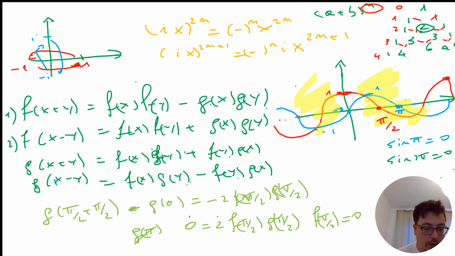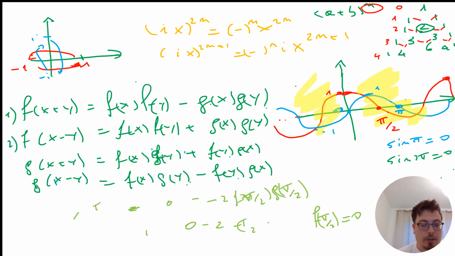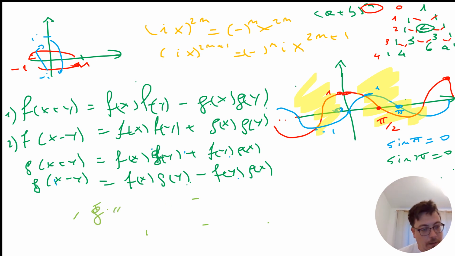And if we do now the other components, we would see that g of pi over 2 is equal to 1. Now we note it down here, g of pi over 2. We can find that it is equal to 1, which is correct, as in this graph. Okay, and then we can get all the other numbers by following these rules repeatedly.